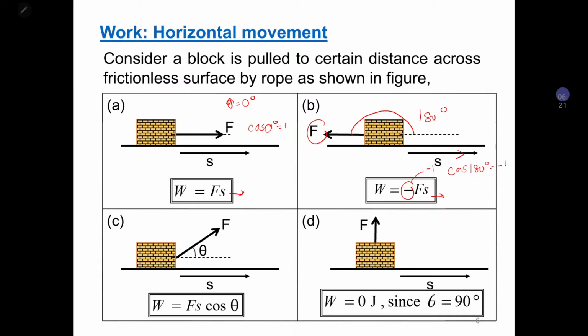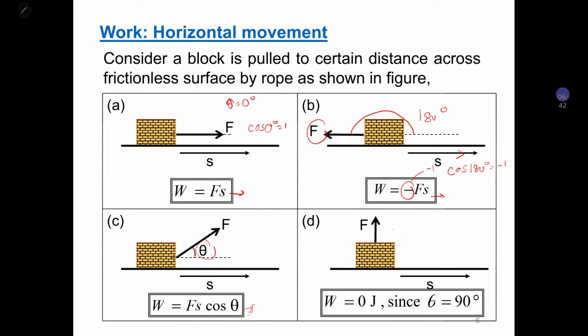Alright, if you look at figure C, the angle between force and displacement is given by theta. So the work done on the object can be calculated by using the equation W is equal to Fs cos theta.